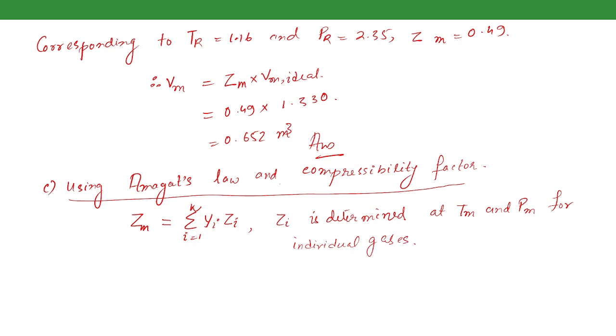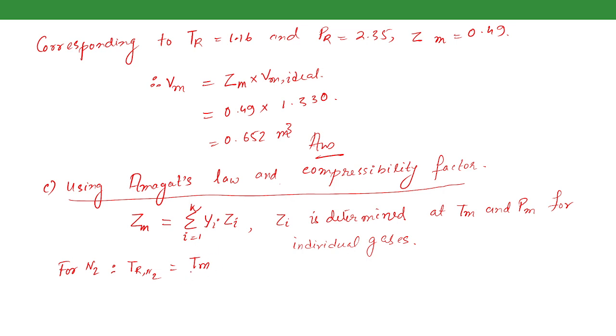Okay, so we know the temperature and the pressure of the mixture. So now for nitrogen we can determine the reduced temperature and reduced pressure. We have to determine these values at the mixture temperature and mixture pressure.